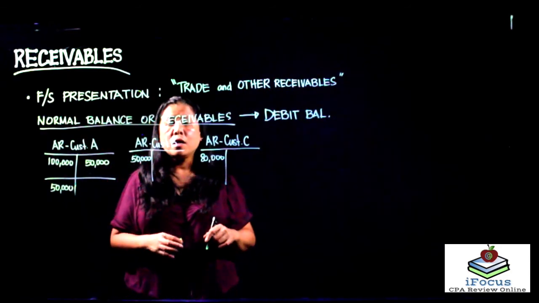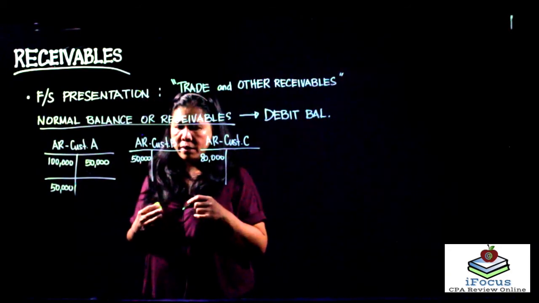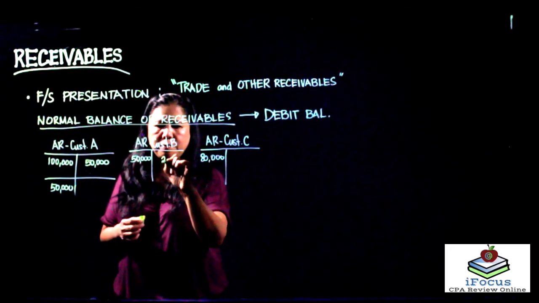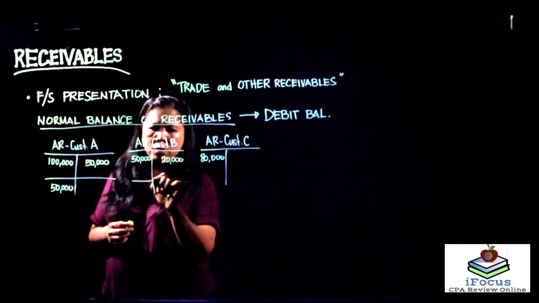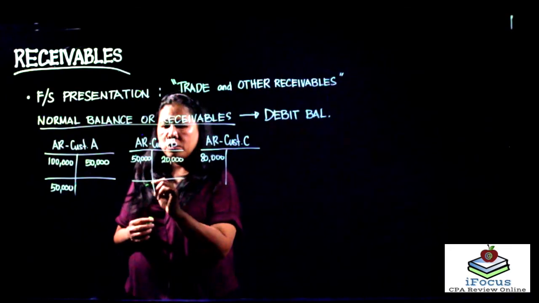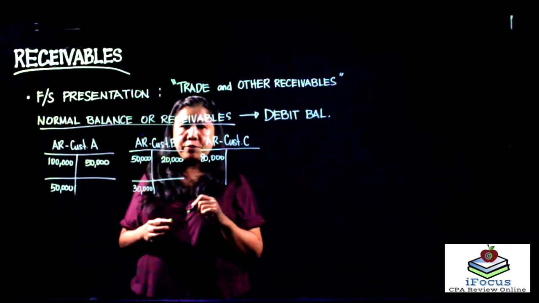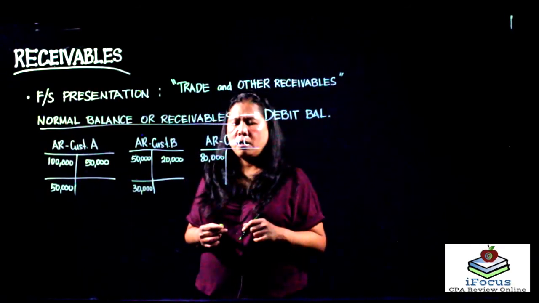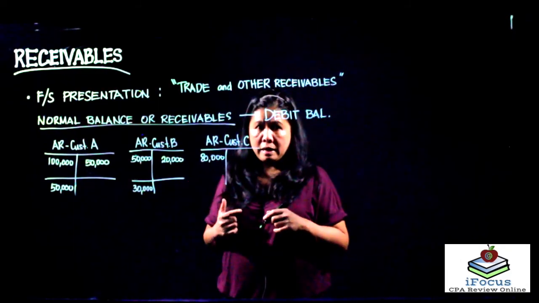All right. From customer B, we have accounts receivable of 50,000. Let's say, for example, we collected 20,000. So customer B still has a balance of 30,000. So we still have a collectible of 30,000 from customer B. Now, customer C, we have an accounts receivable of 80,000.